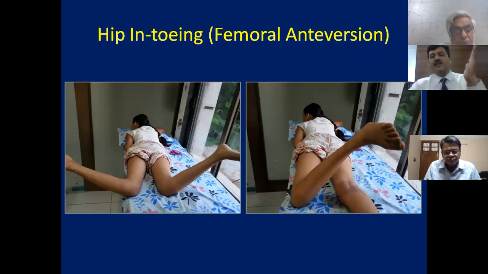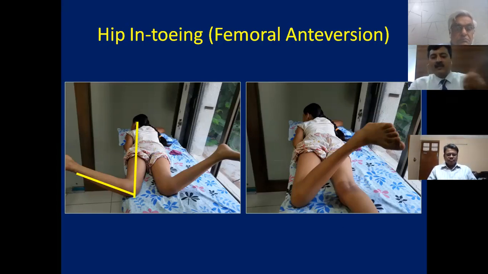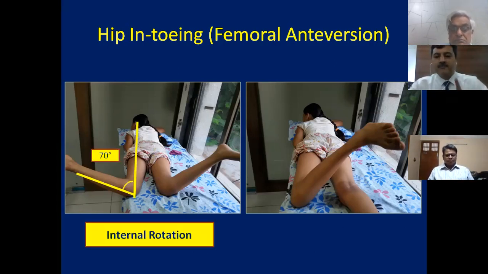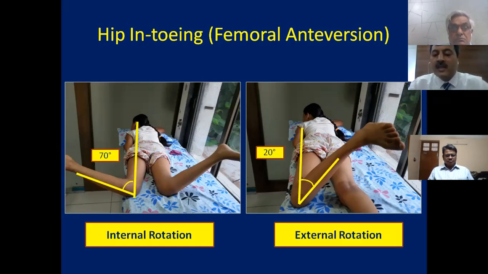And when you are turning the leg in, you are actually doing external rotation. So in this girl, you can see that the angle of internal rotation, meaning when we turn the leg out, is 70 degrees, while the angle of external rotation, when the child turns it in, is only 20 degrees. So there is a total range of 90, but there is more internal rotation.